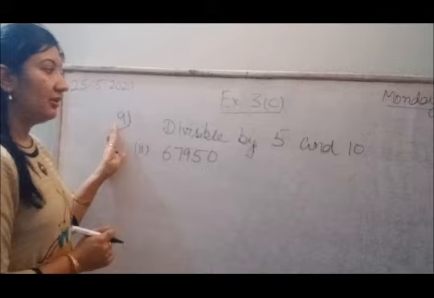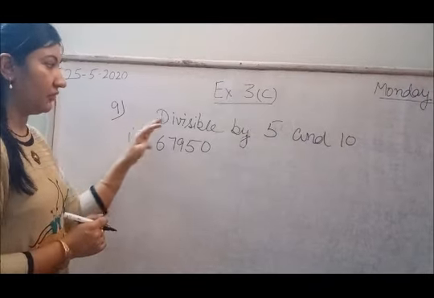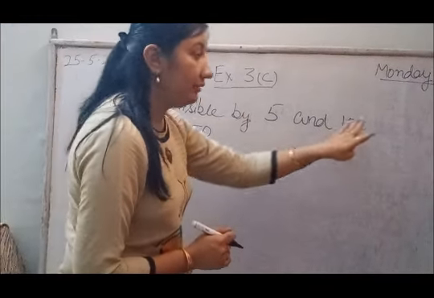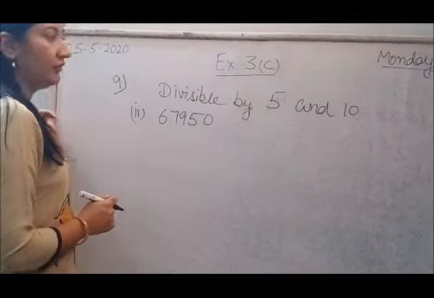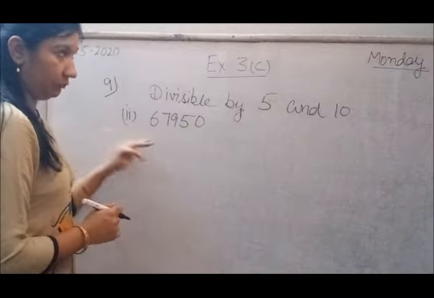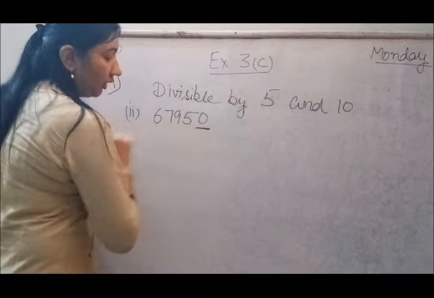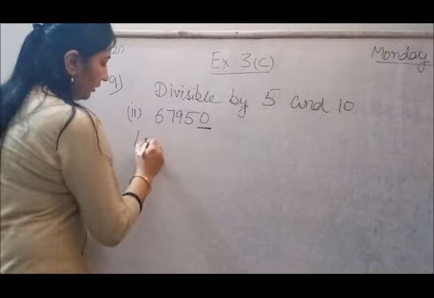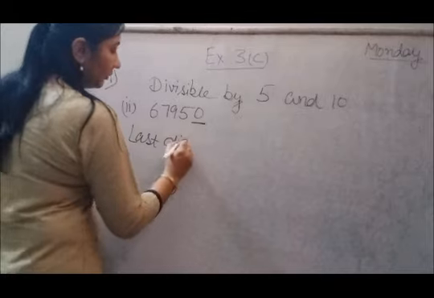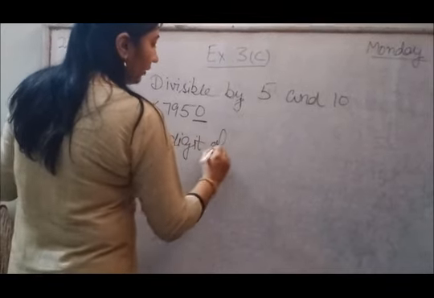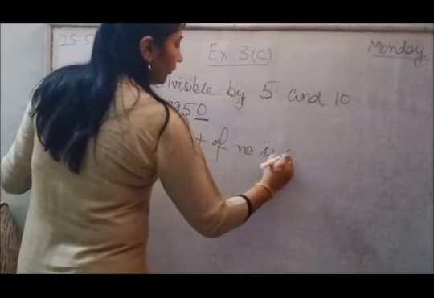Question number 9. Here you have to check whether the given number is divisible by 5 and 10 both. Firstly, we will check its divisibility by 5. What was the rule for divisibility of 5? The last digit should be 0 or 5. The last digit of the number is 0.